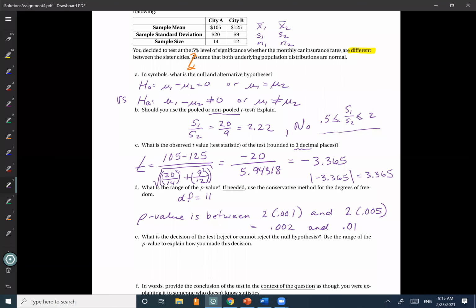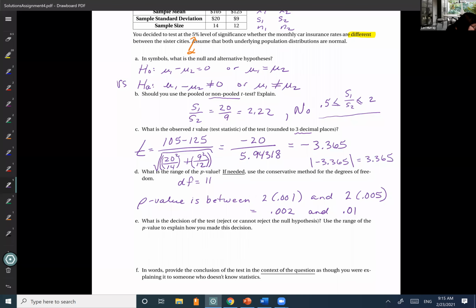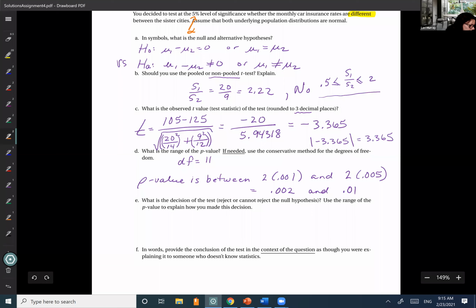Okay. Yeah, it's good to check though. So what is the decision? What decision do we make? Well, we have alpha up here in orange, 5%. So you want to check: is the p-value less than or equal to alpha?